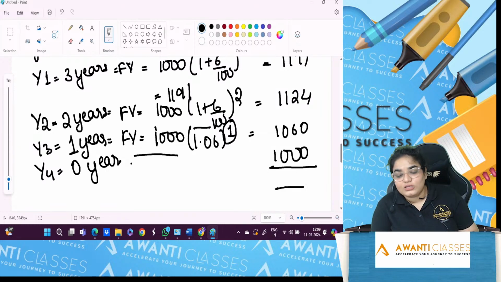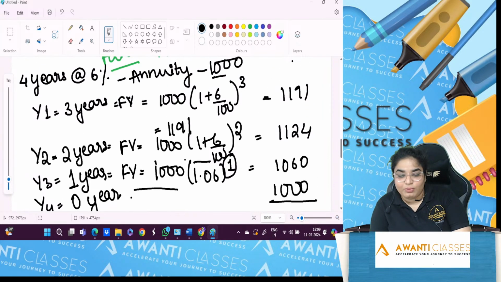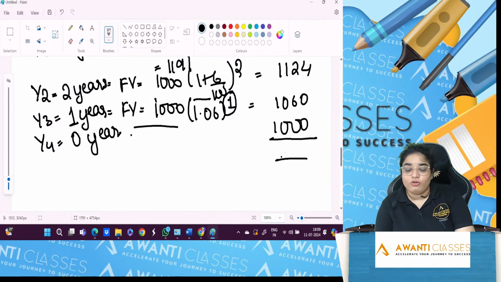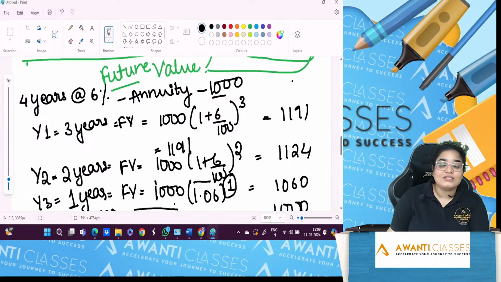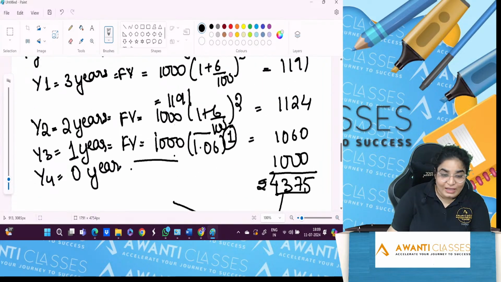You add all this, how much are you getting? Tell me. 1191 plus 1124 plus 1060 plus 1000 is 4375 rupees. This is the future value of this regular annuity.